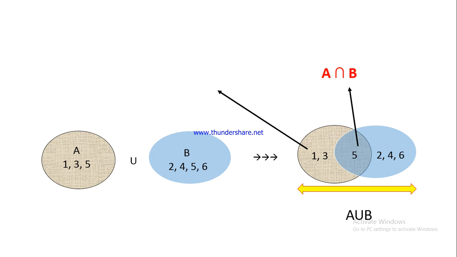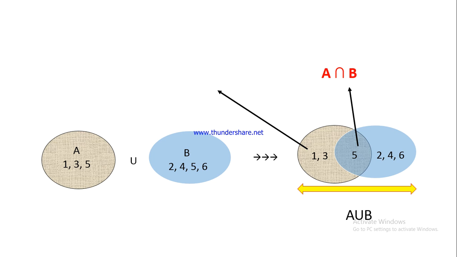So we are as of now referring only to the portion which is shown here by the gray color. We are not taking account of the overlapping area. So we are referring to just the grayish part.